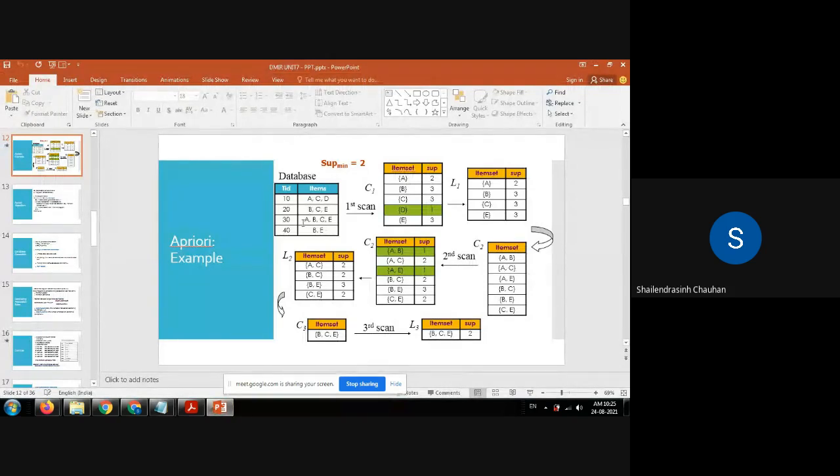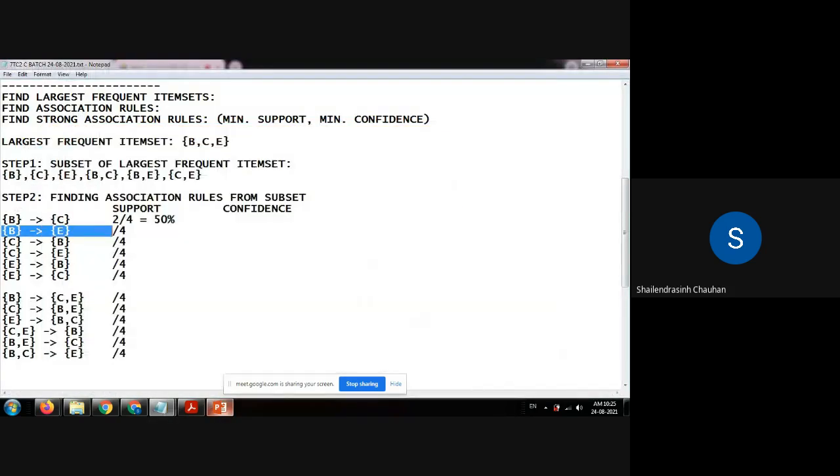T20, 30, 40. You will be having 66.66%. Sorry, it will be 75%.